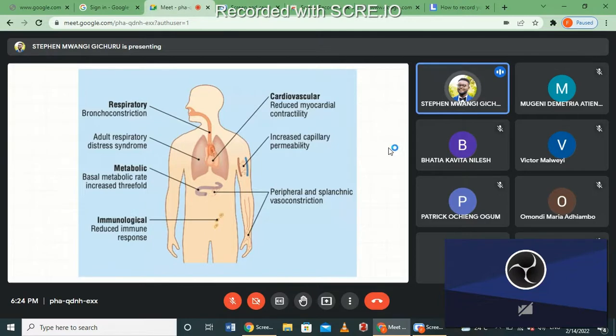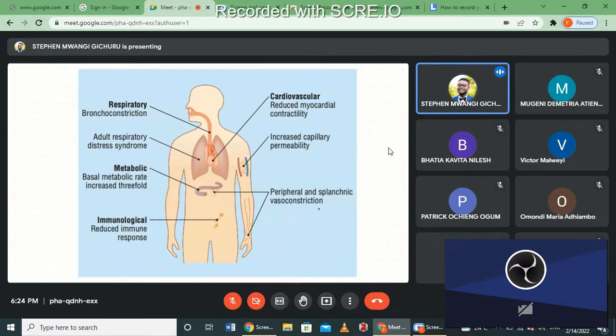This also causes the peripheral vessels and the vessels supplying the intestines to vasoconstrict. At the same time, the contractility of the heart is really affected, and this is even worse for electrical burns, where myocardial contractility is reduced. This is mainly by the tumor necrosis factor.